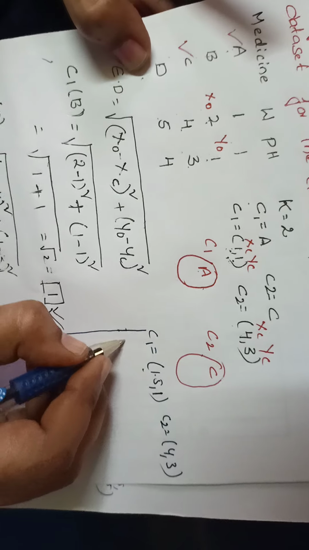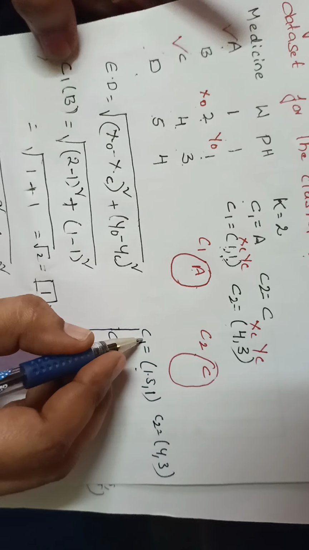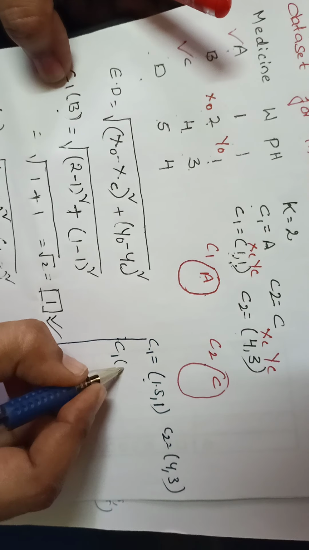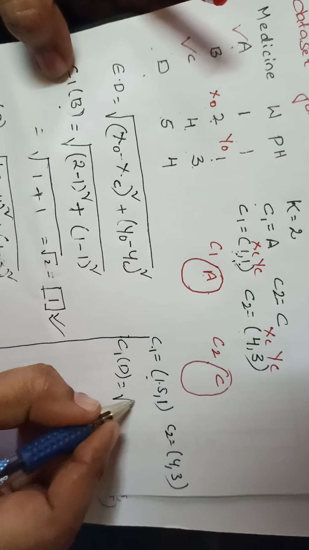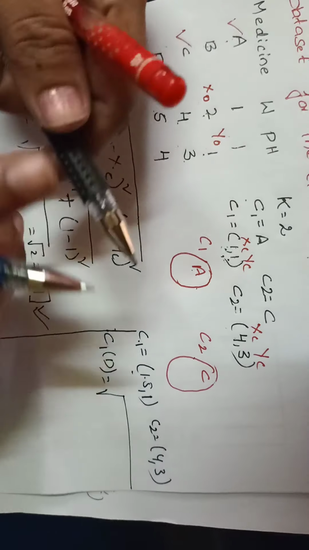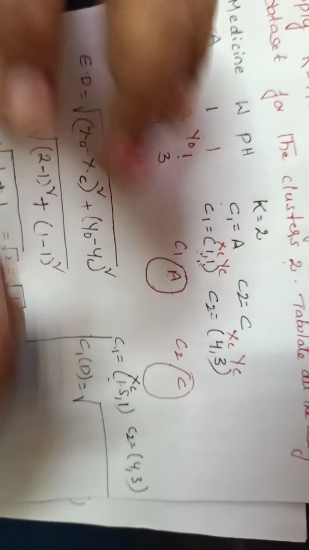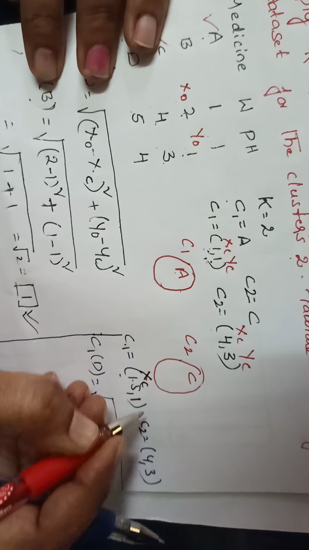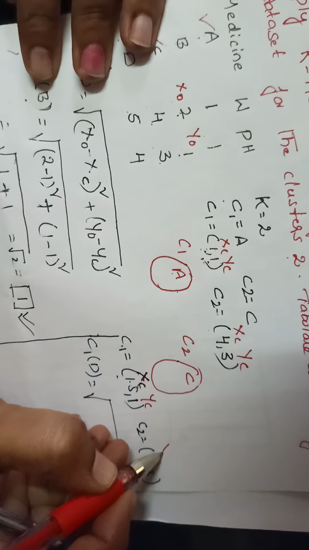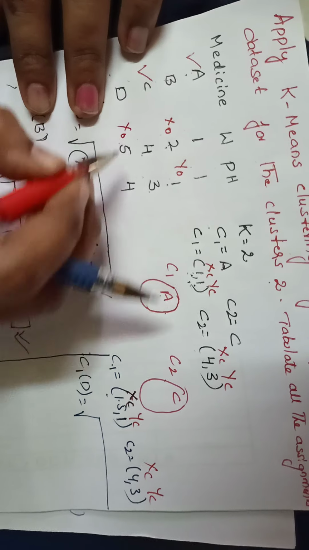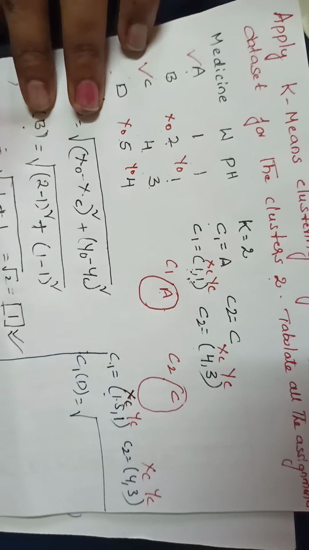Okay, we have already calculated C1 of B, no? Now we have to calculate C1 of D. Here the observed value is the X naught, Y naught, and the centered value is XC, YC.